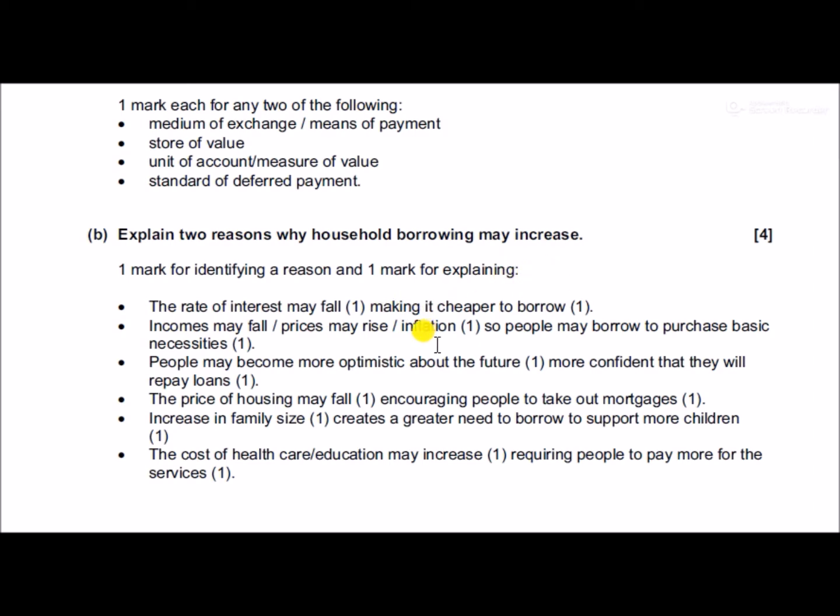Incomes may fall, so people may borrow to purchase necessities. People become more optimistic about the future, having confidence, so you may take out more borrowing. The price of housing may fall, encouraging people to take out mortgages. Increase in family size, maybe they need to borrow more. So choose two of those and explain. That'll get you 4 marks.